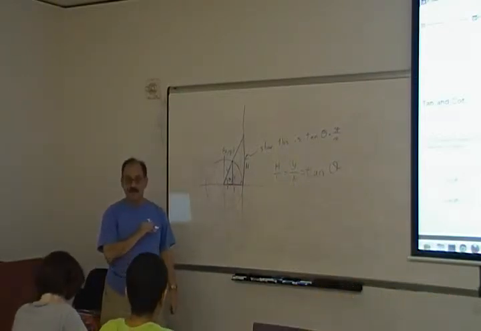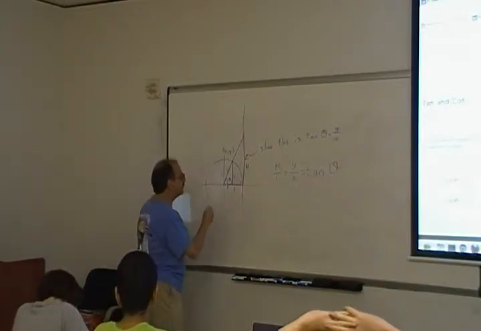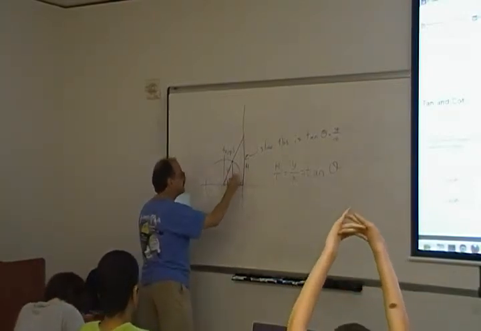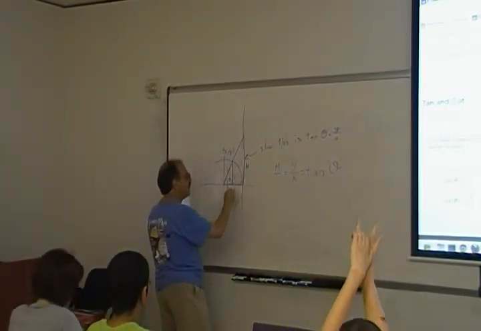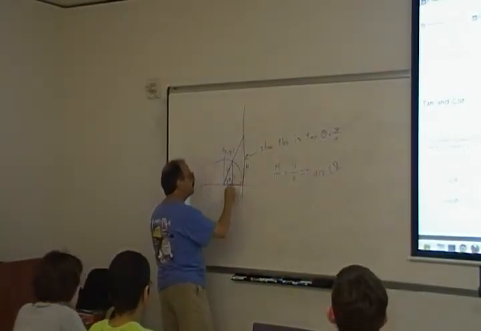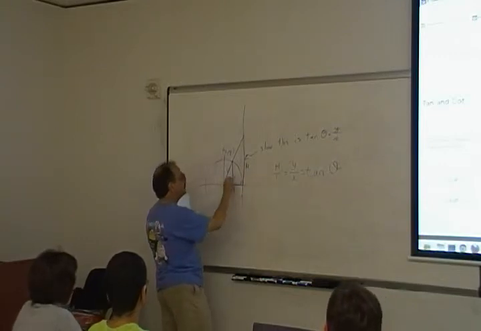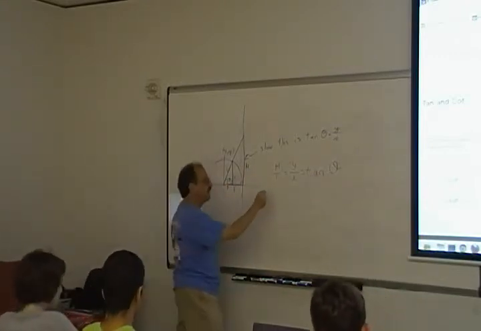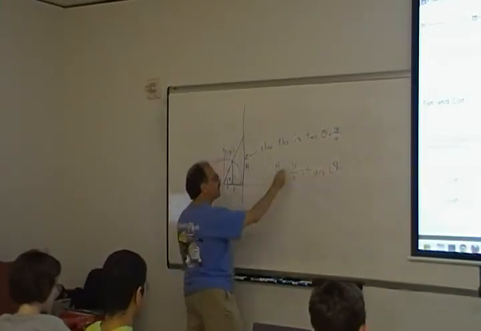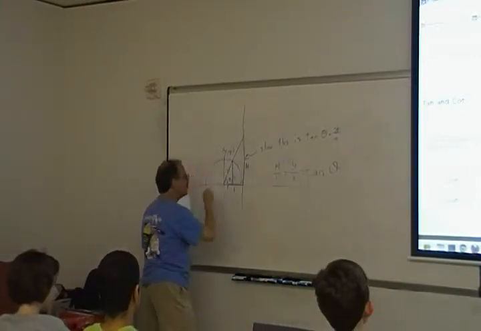So those are similar triangles. And when you have similar triangles, ratios of sides are equal. And so h over 1, the two legs of the big triangle, is equal to y over x, the legs of the small triangle. That's why this is true. And then y over x is the definition of tangent of theta.